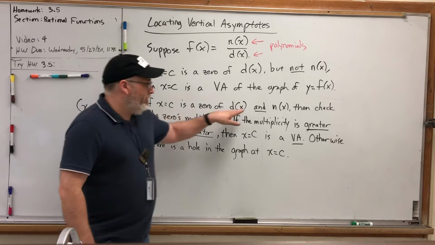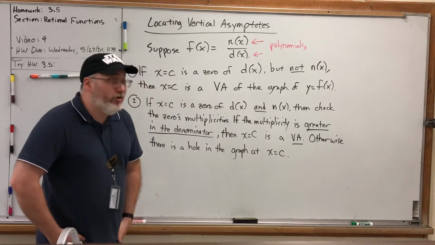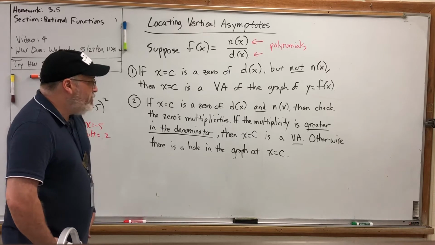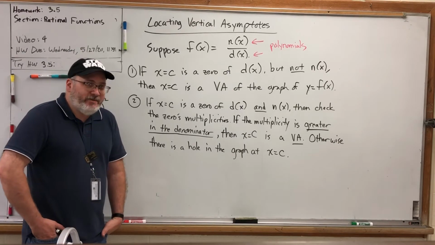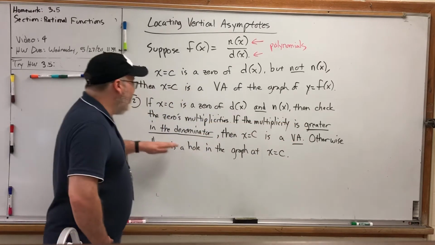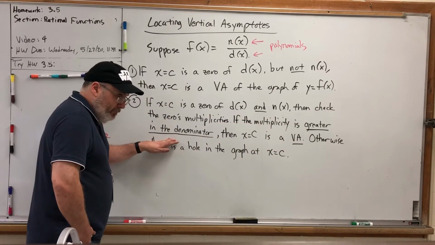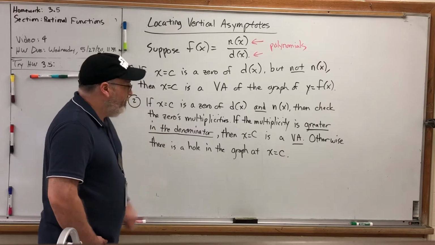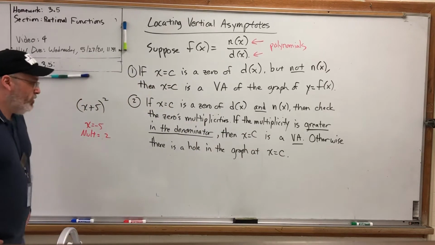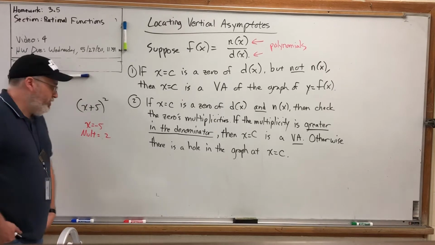If a number is a 0 of both the numerator and the denominator, so it makes both sides equal to 0, then you check the zero's multiplicities on the top and on the bottom. If the multiplicity is greater in the denominator, a bigger power in the denominator, then x equals c is a vertical asymptote. Otherwise, there's a hole in the graph at x equals c.